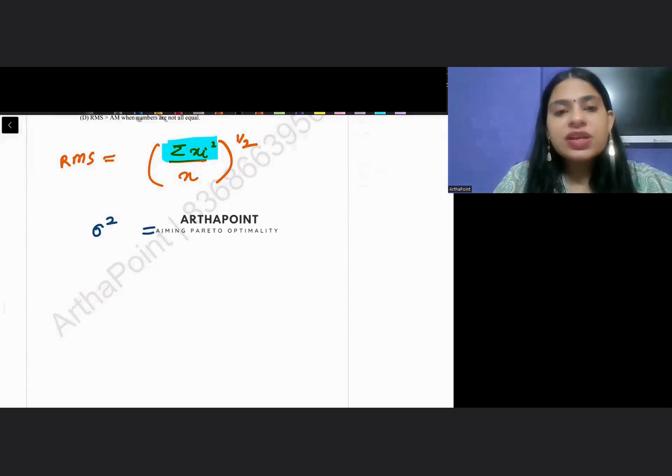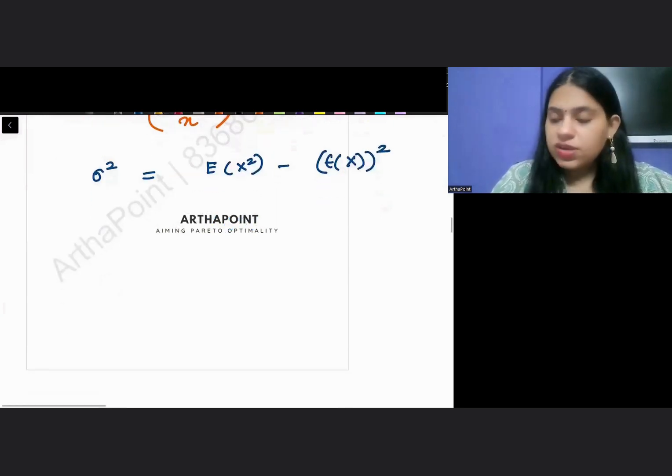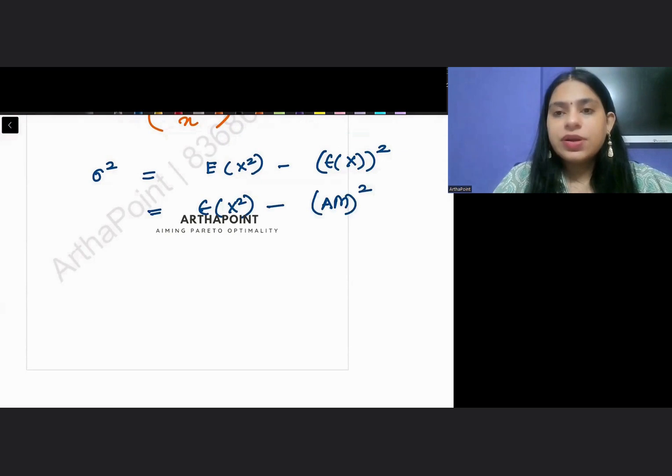The variance of any number can be written as E of x square minus E of x whole square. Isn't it? Right? This is the variance of any number. And we know that this is nothing but E of x square. And what is E of x whole square called, beta? E of x is nothing but the arithmetic mean, whole square, right?